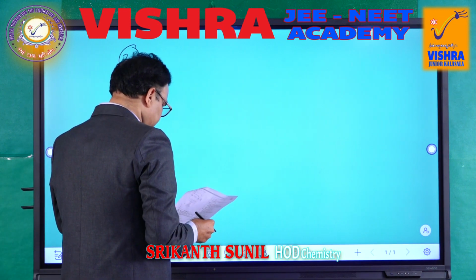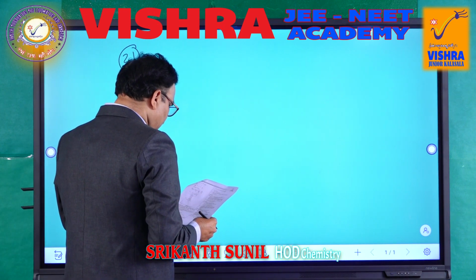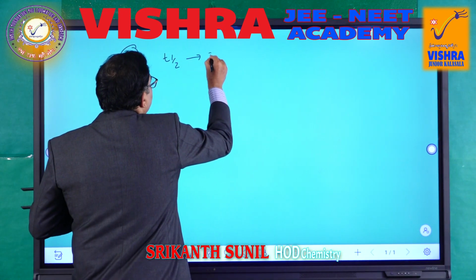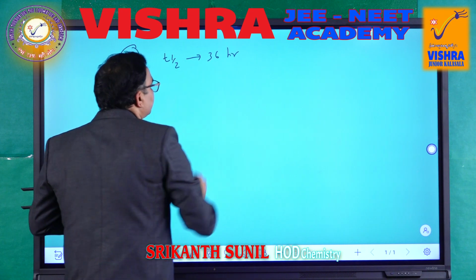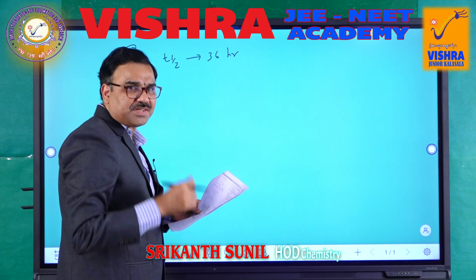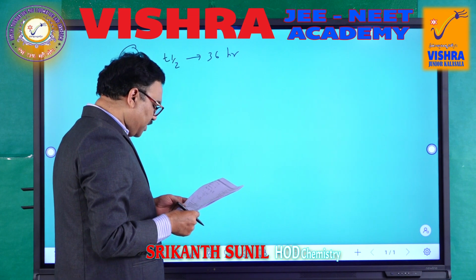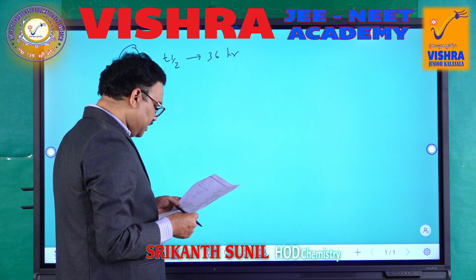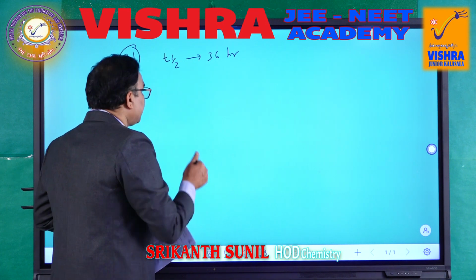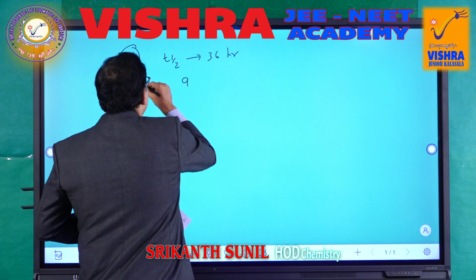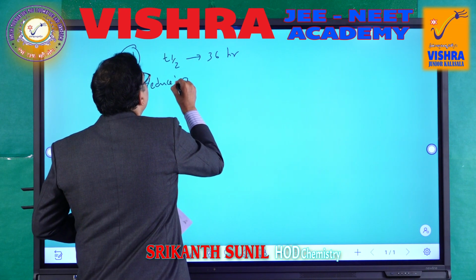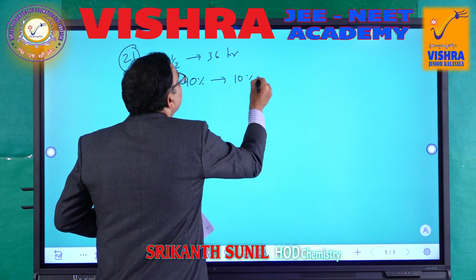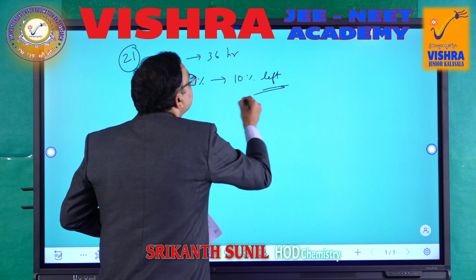Question number 21. Half-life of first order reaction. T half of a first order reaction is 36 hours. Find out the time in hours required for the concentration of reactant to get reduced by 90%. 90% means 10% left.